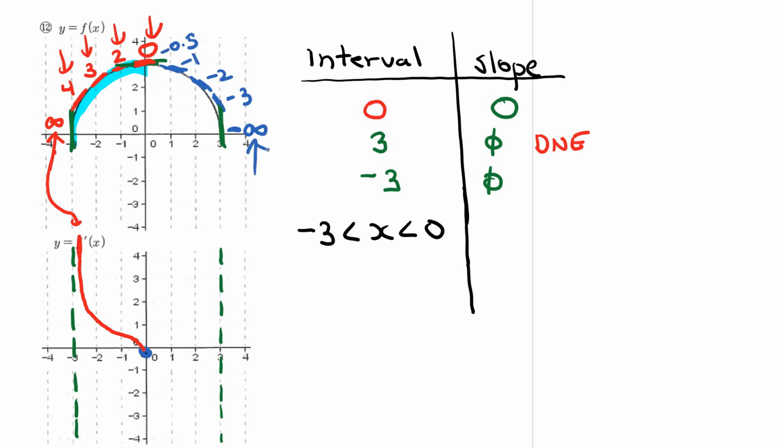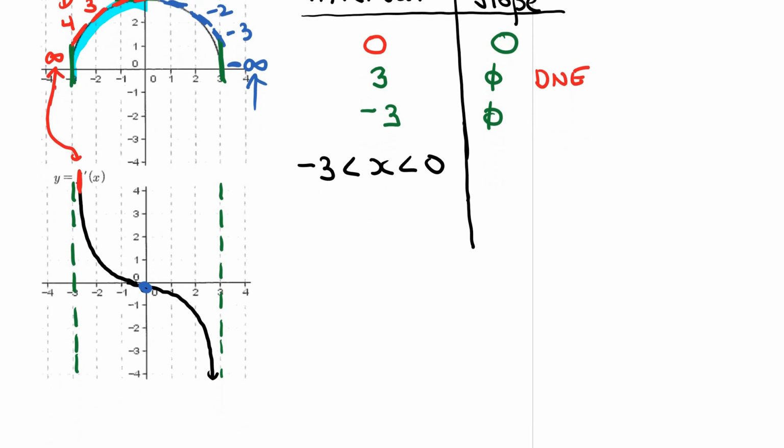So let's start here. It's very negative over here, and then becomes less negative, and then crashes back to 0 there. So that's a decent sketch of what it looks like. So I kind of feel like the graph looks like an inverse tan function there. And that's what the derivative would roughly look like.